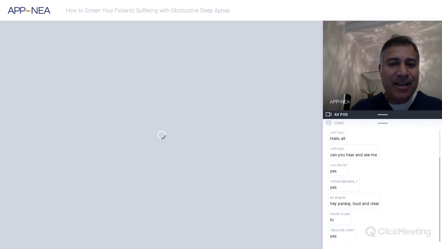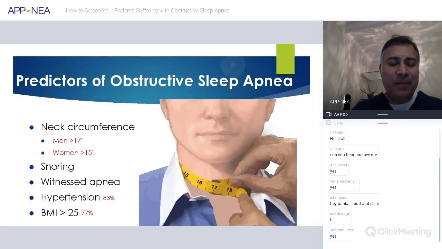When you look at predictors of sleep apnea, we talked about the medical history. Medications too. Just by looking at the medications, you know what conditions are being managed by those prescriptions. If it's a blood thinner, you know it's atrial fibrillation, and about 50% of the time that person might have sleep apnea. But that incidence increases if you look at neck circumference: men greater than 17 inches, women greater than 15 inches, if they snore.